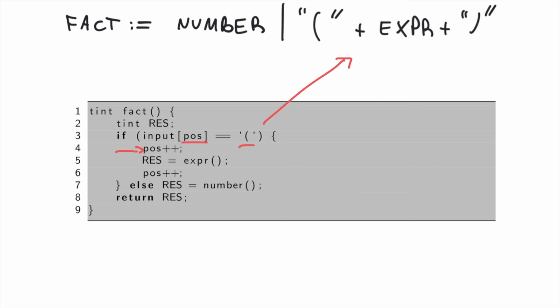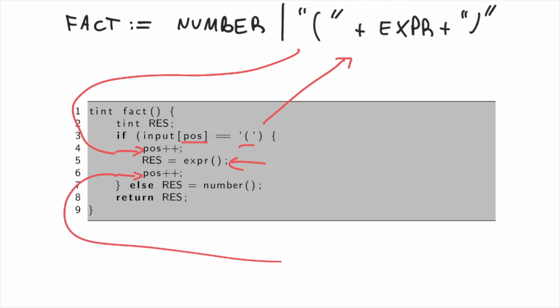Then I read my expression using the expression function, which is already defined. And later, I need to take into account that I know there should be a closing parenthesis. So the first plus plus is increasing the counter for the opening parenthesis. The last one is taking into account the closing parenthesis. So this is one option. If we have parentheses, then we know we have to read an expression between them.